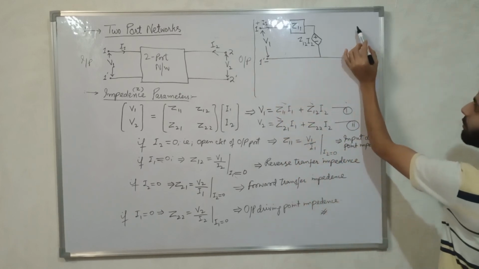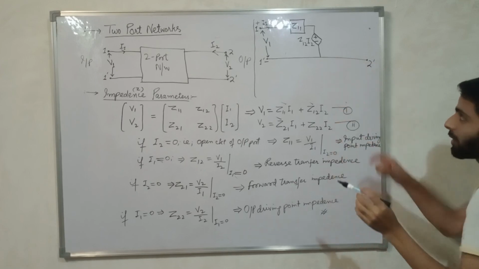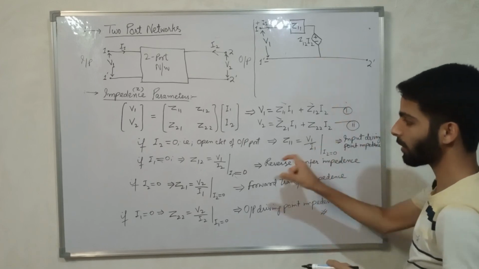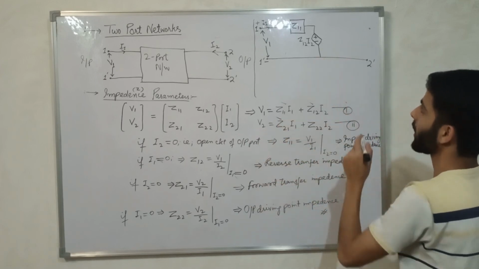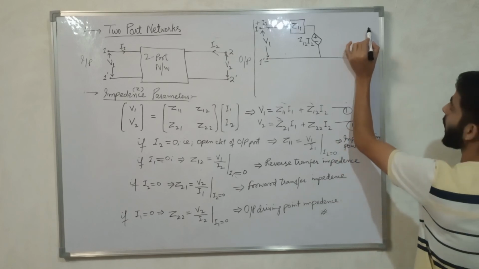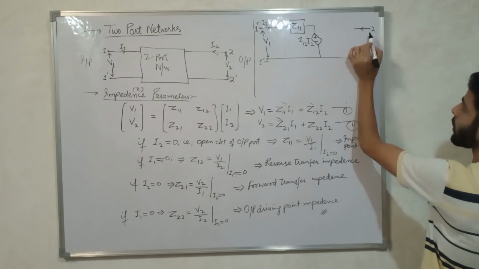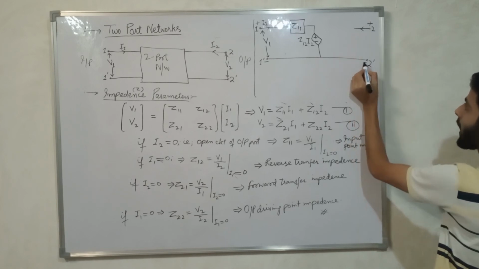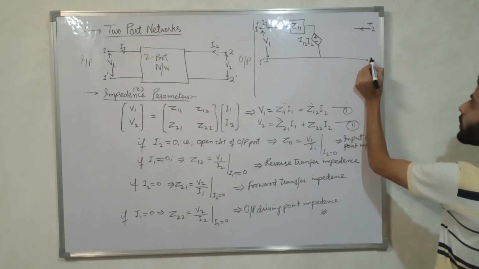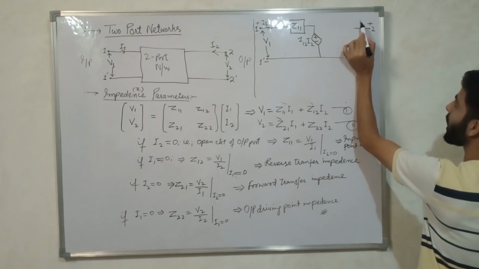On the other side, we will make it like this. The same theory will be applicable on the output side also for the equation second. So let me make it directly. It will become like this, with positive and negative terminals. The current will be I2.